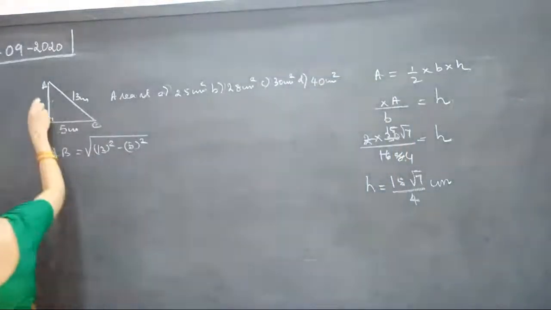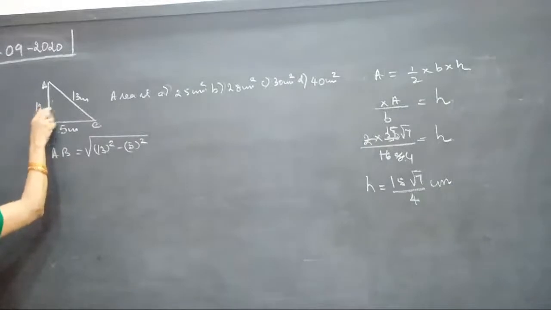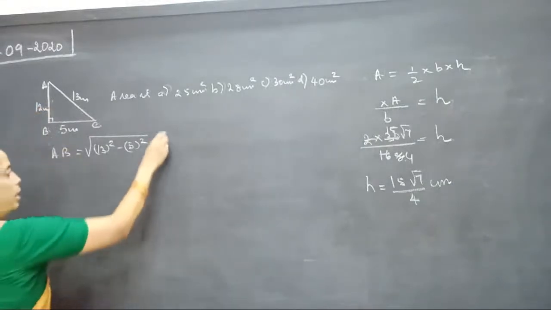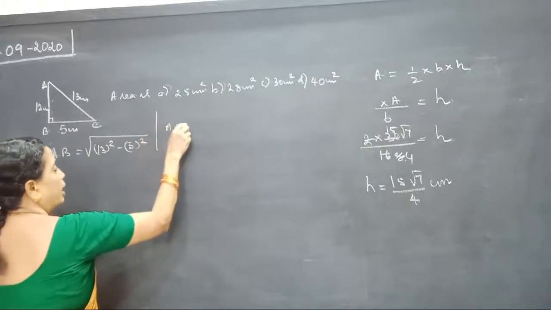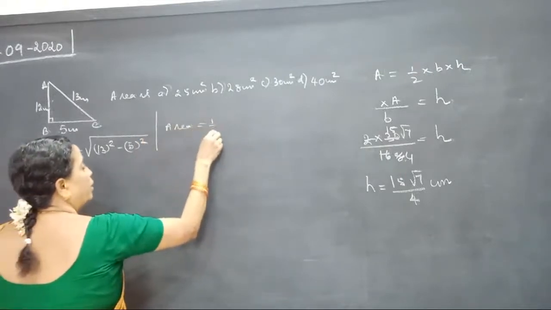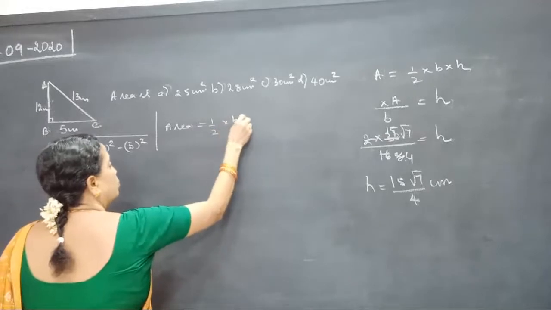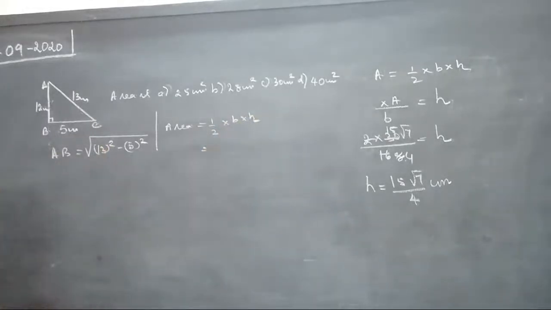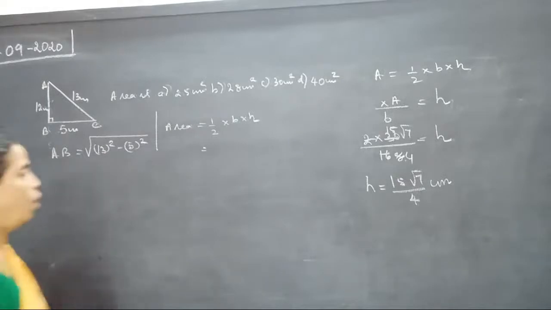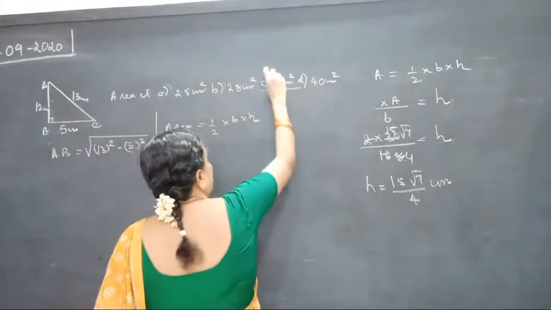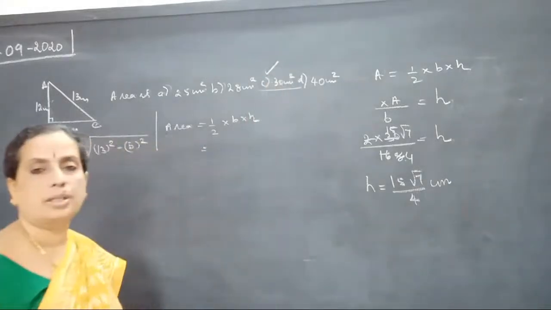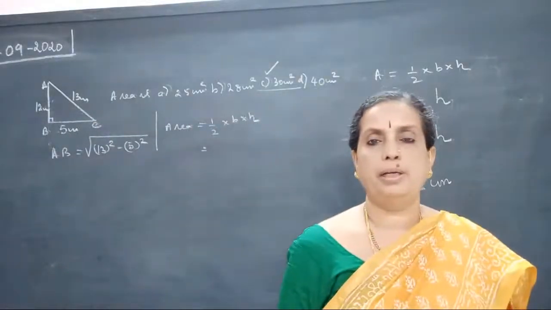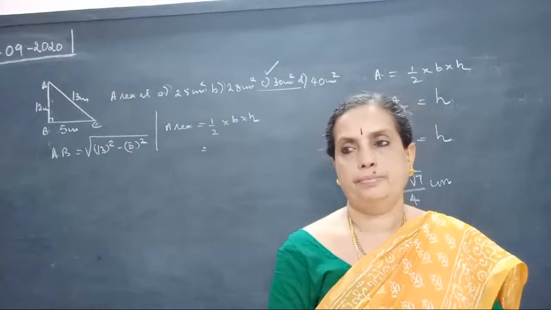So altitude will be 12 centimeter. So knowing altitude and base, area can be calculated as half into base into height, that is half into 5 into 12. Option C is the right answer. Yes, 30 centimeter square.